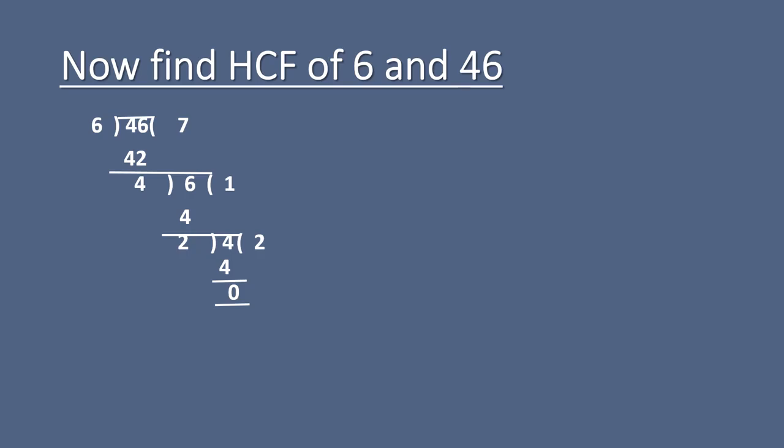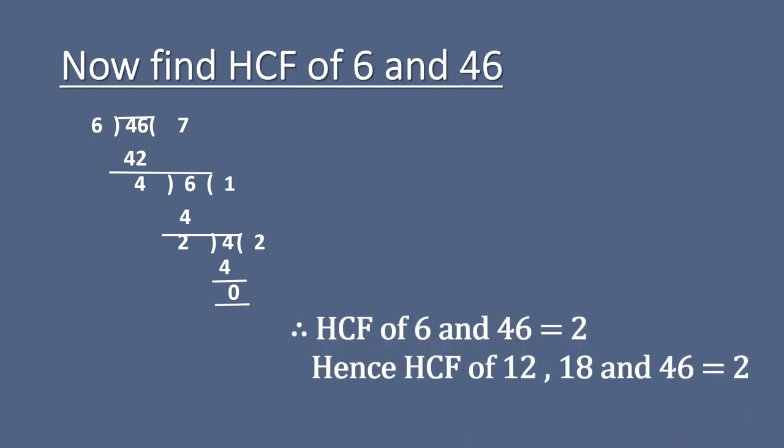It is 2 2s are 4. Remainder is 0. So that means our process is complete. So HCF of 6 and 46 is 2. And this is the HCF of all the 3 numbers, that is 12, 18 and 46. Okay. So 2 is the HCF of 18, 12 and 46. Is this clear?